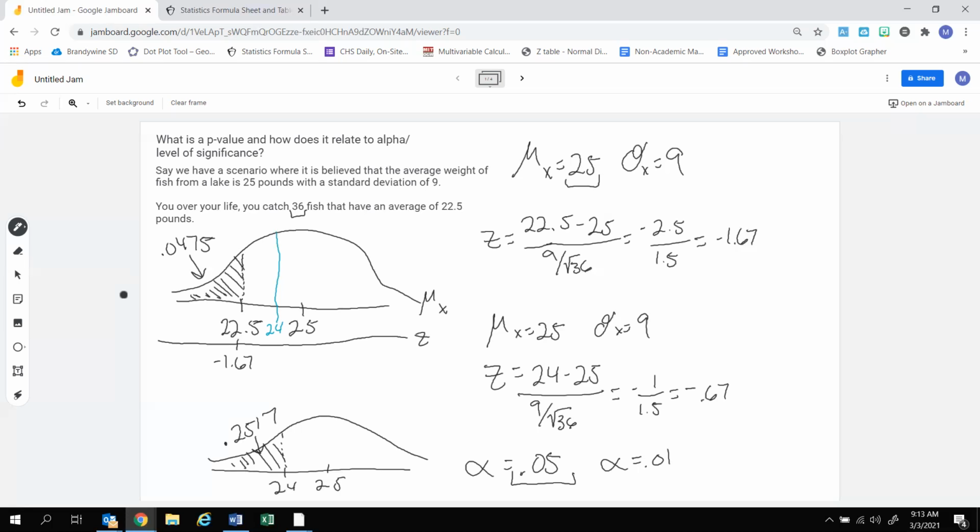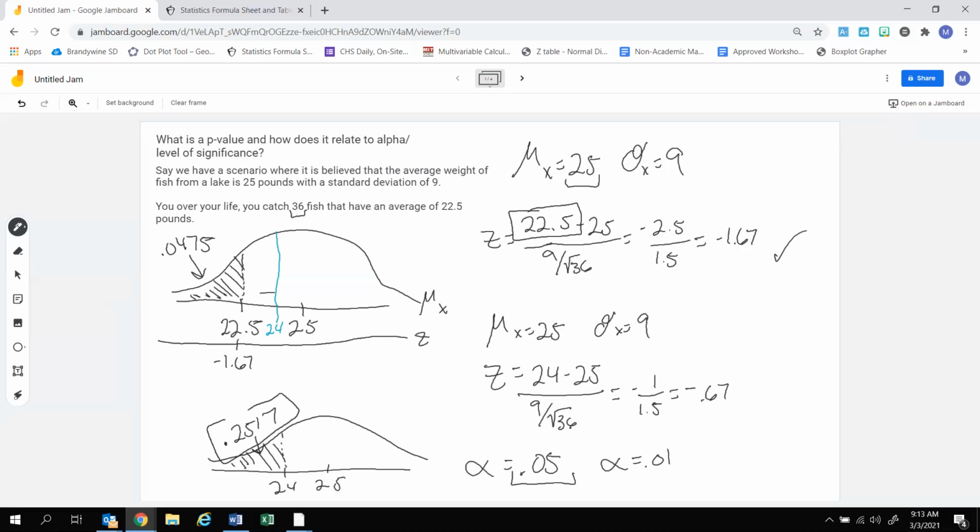So looking at two different scenarios right here, you get an average of 22.5. That was far enough away from this average of 25 to produce a p-value of less than 5%. So based on your sample, you do have a legitimate claim that the average really is less than 25. Now, let's say you only had your friend's.